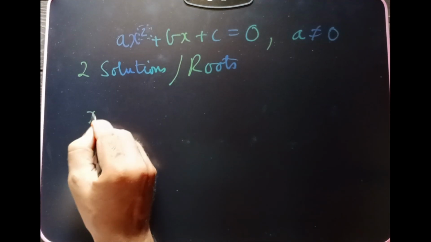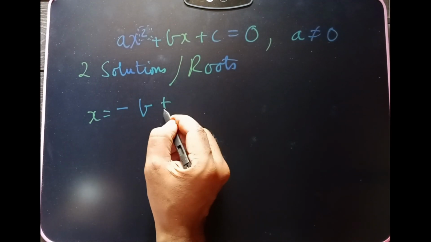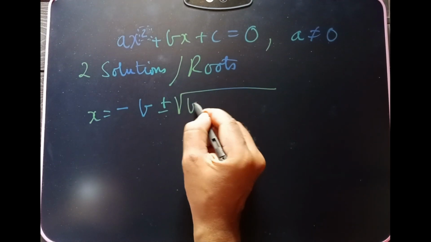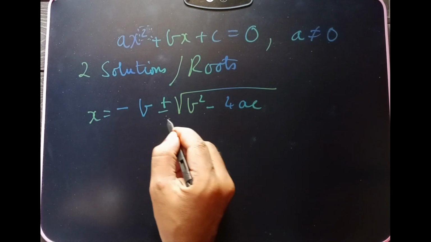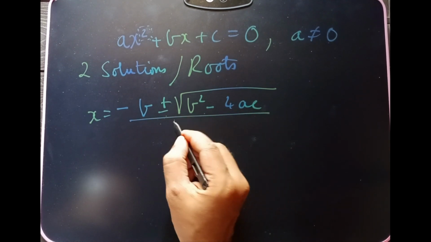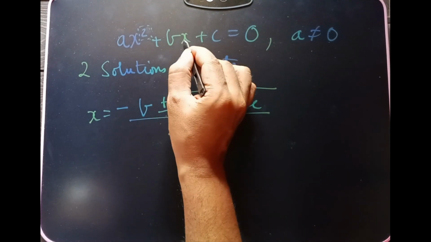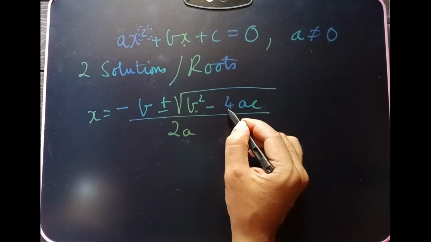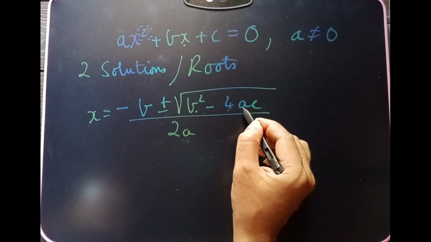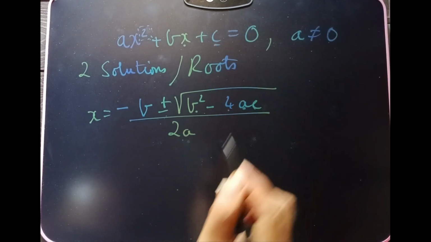What are the two roots? It is given as x is equal to minus b plus or minus square root of b square minus 4ac, divided by 2a. b is the coefficient of x, a is the coefficient of x square, and c is the constant here.